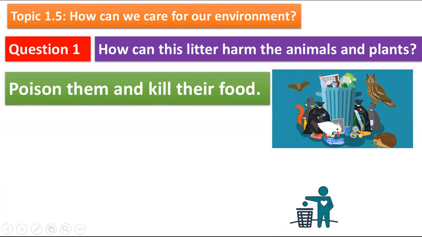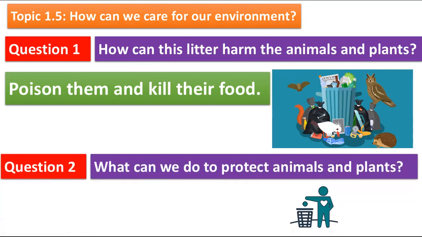So animals don't have good food anymore, and they are going to die. They will die because of the bad environment, and people don't put litter in the bin, they litter outside in the environment.